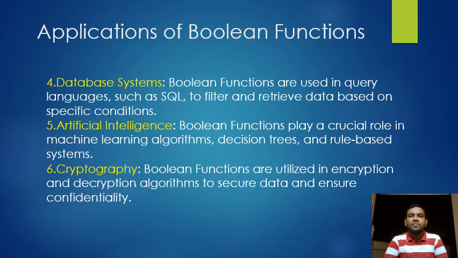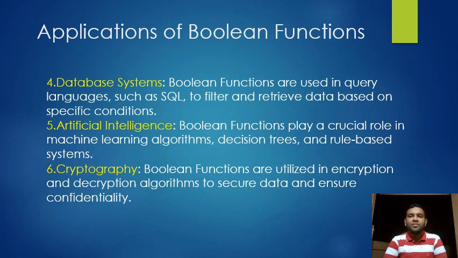One is database systems, where Boolean functions are applied. Boolean functions are used in query languages such as SQL to filter and retrieve data based on specific conditions. Next is artificial intelligence.